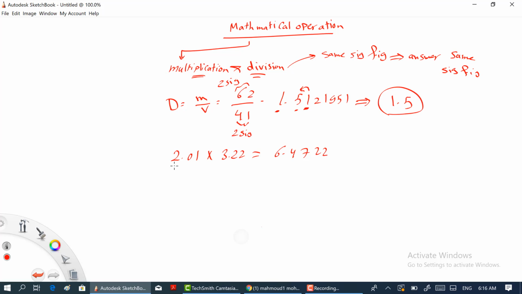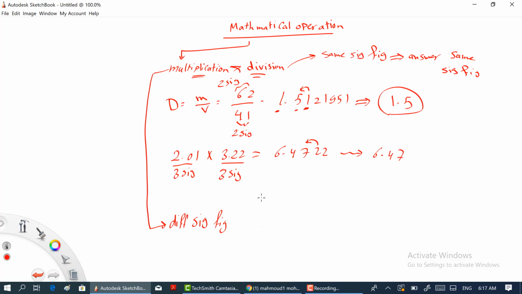In this case, we have 3 significant figures and 3 significant figures, so the answer will be rounded to 3 significant figures. So the answer will be 6.47, and the 2 does not round the 7 up to 8. Okay, in the case of multiplication or division with different significant figures.